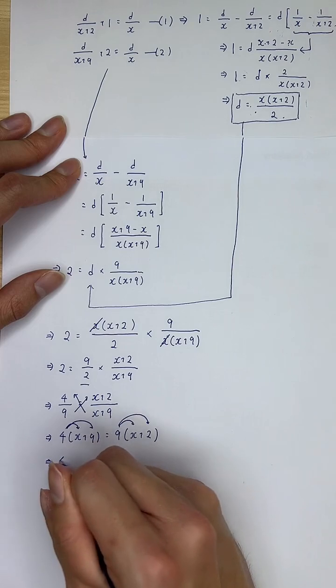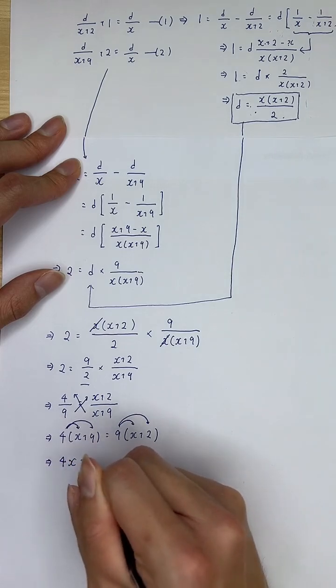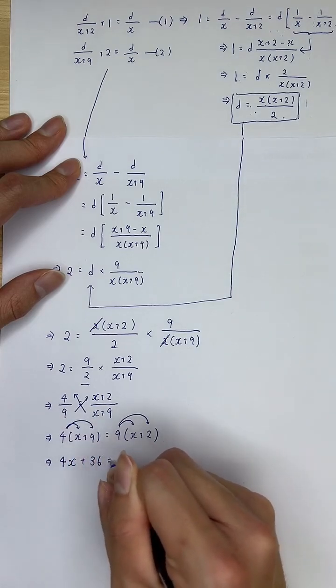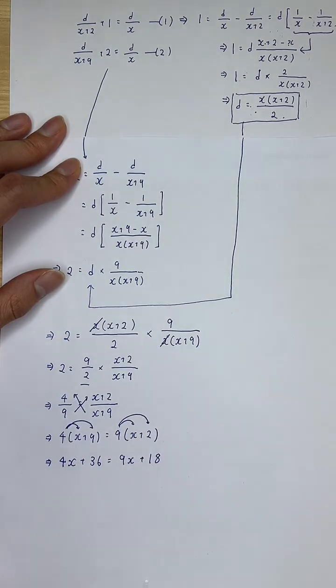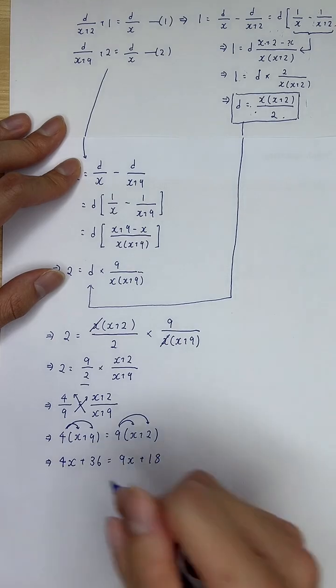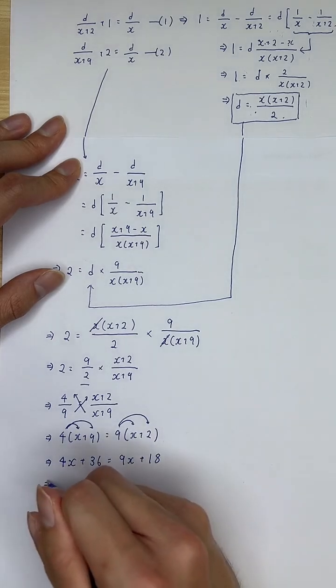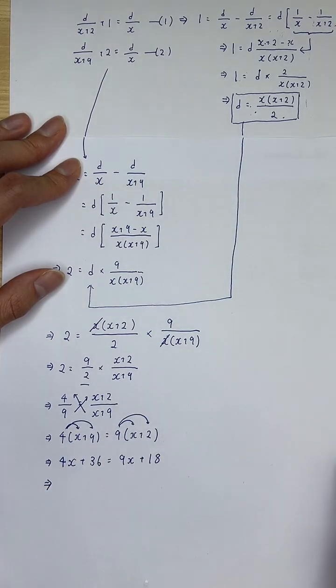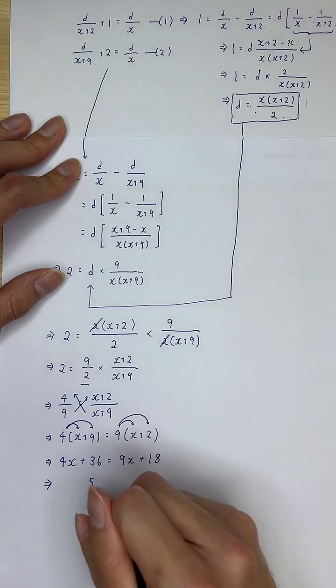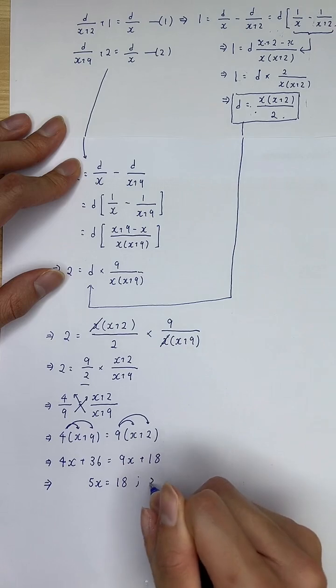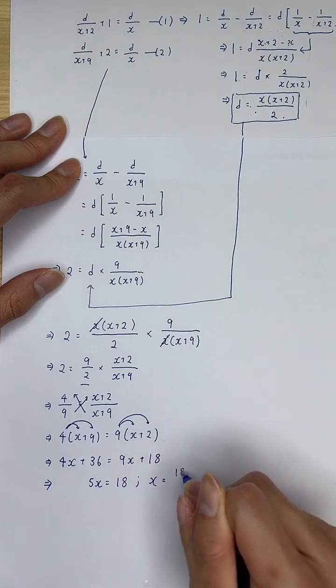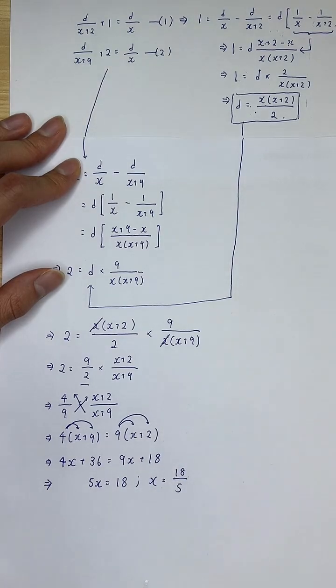Now this one is going to get 4x plus 36 equal to 9x plus 18. So in this case, we are going to simplify this a little bit more. 5x equal to 18, and hence x is equal to 18 over 5.